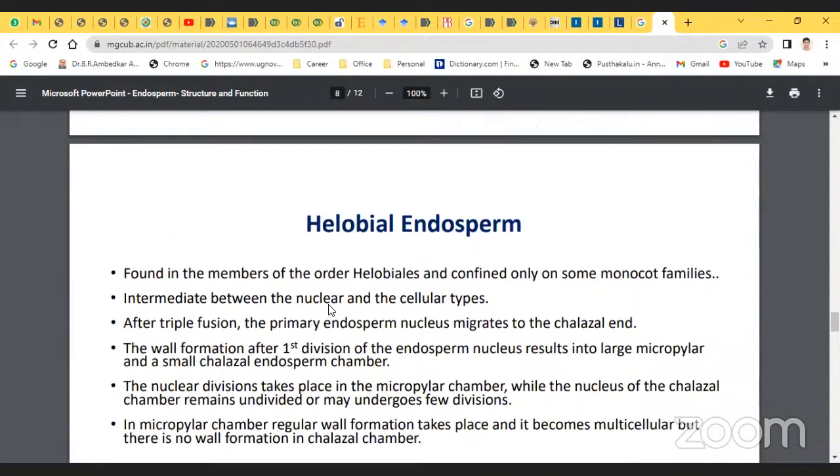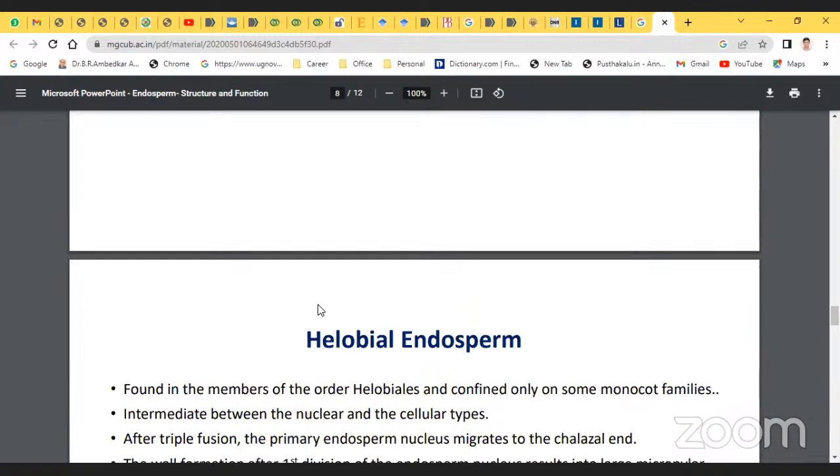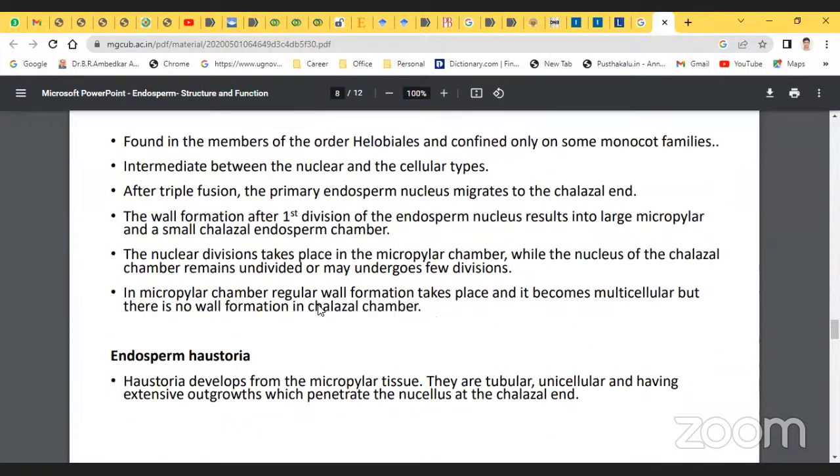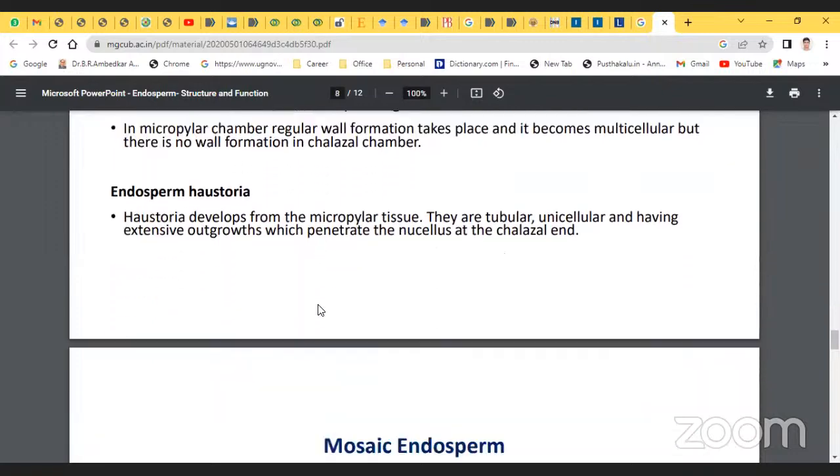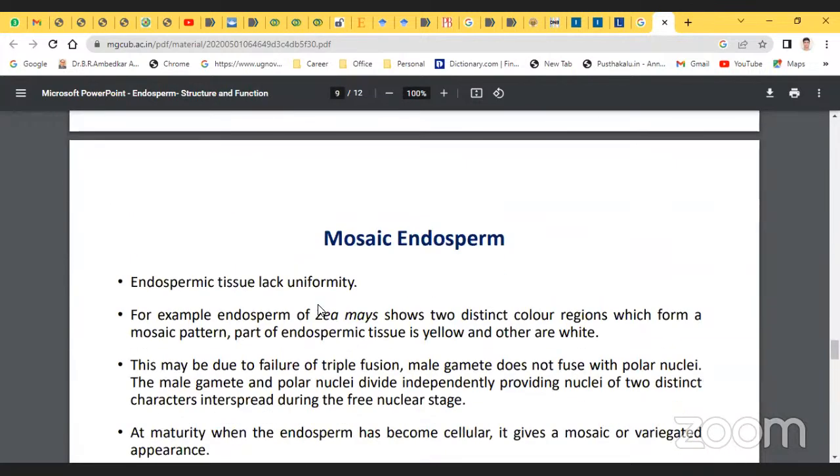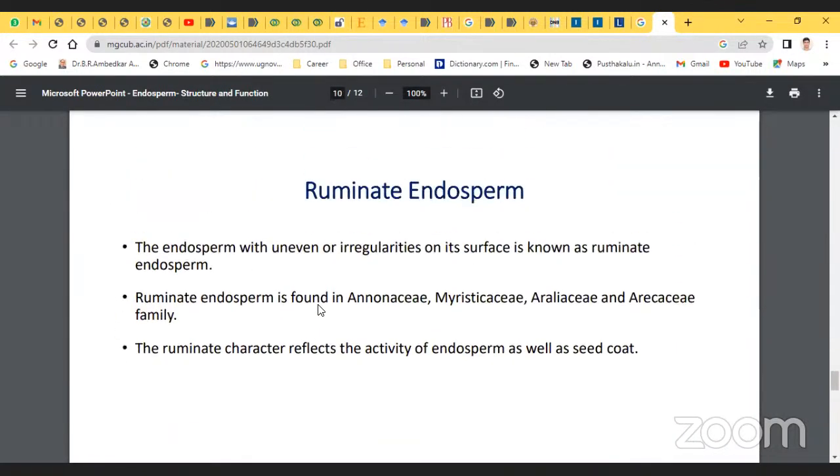So here 3 types of endosperms are there. First one is the nuclear endosperm. Second one is the cellular endosperm. Third one is the helobial endosperm.